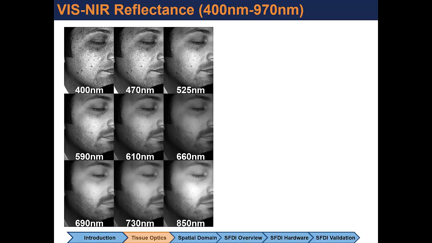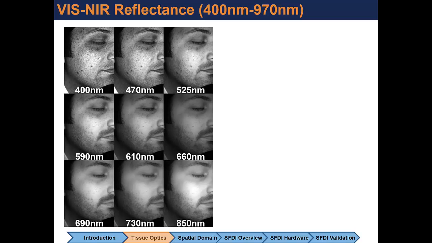So that's the nutshell of the applications that I think about from day to day. And now I'd like to take a step back and just talk about tissue optics in general, and do that through images of this subject's face. This is a picture of a face with illumination at various narrow bands from 400 nanometers all the way to 850 nanometers.